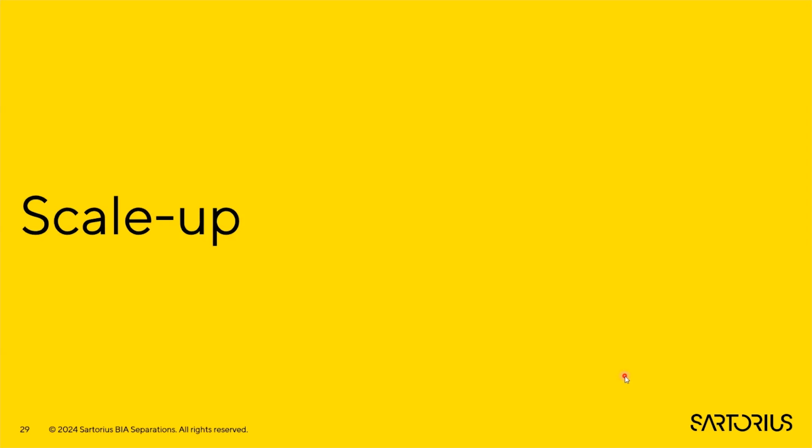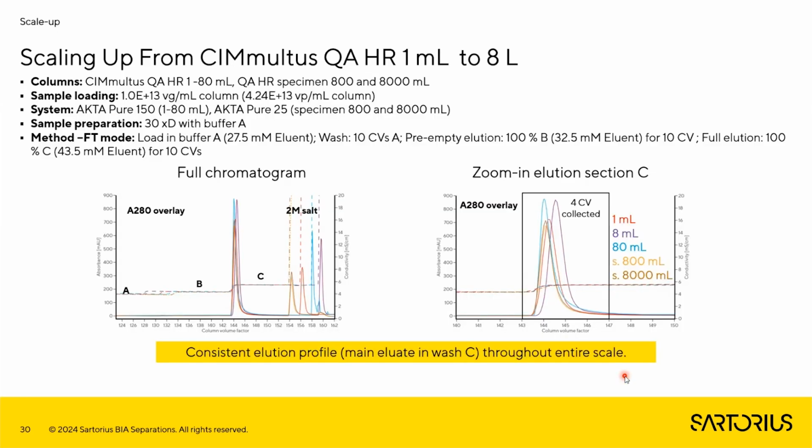Finally, we come to the scale-up, to wrap everything together. From process development, we now go into how we implement the step washes in large-scale scale-up. We used the 1 ml column, 8 ml column, and 80 ml column as they are.